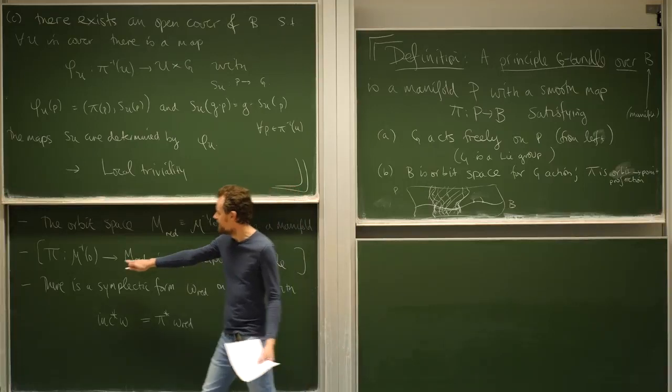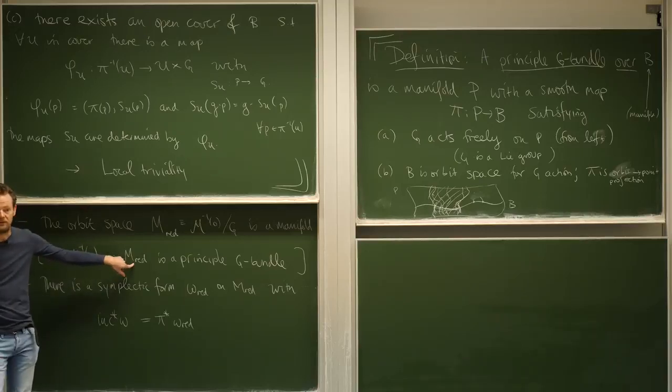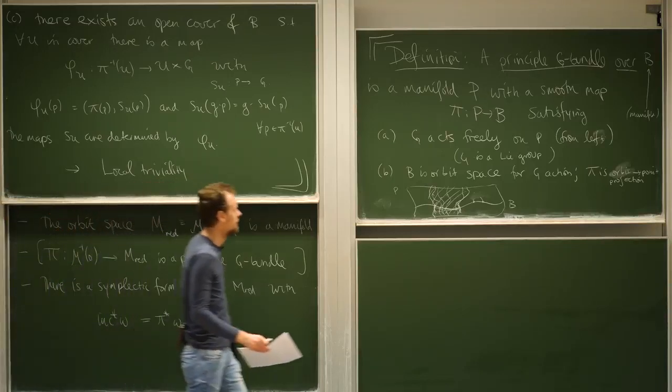So mu minus 1 of naught is a principal G bundle. So it's a manifold itself. M reduced is the base space. And locally, it looks like copies of M reduced times the compact Lie group G.